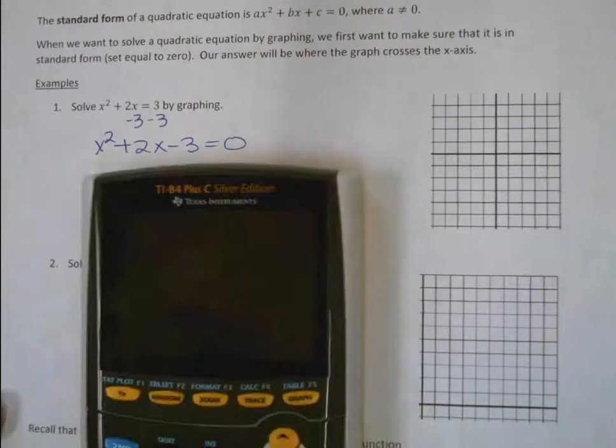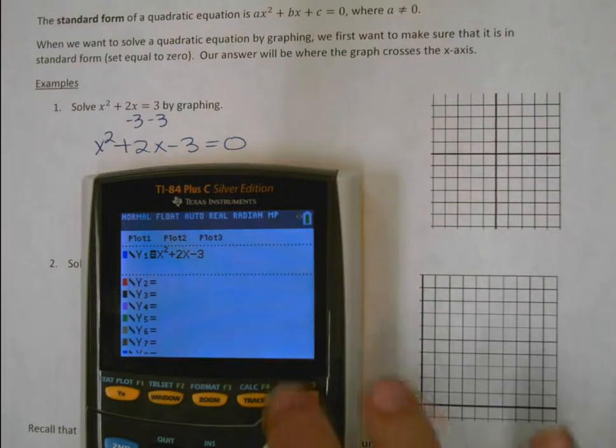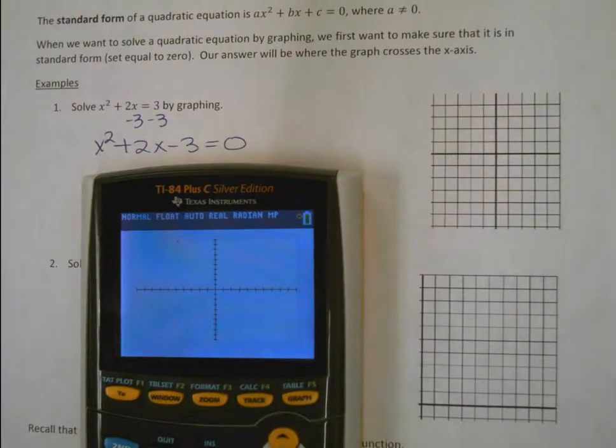Then I'm going to go to my calculator, and I'm going to type this in the y equals. Then I press graph, and I'm looking for where it crosses my x-axis.